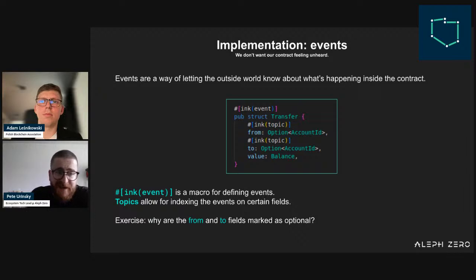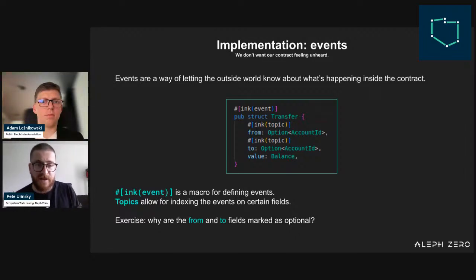Now, the exercise here, if you want to say in the comments, I encourage you to: this event is emitted every time we do a transfer, right? So why are the from and to fields marked as optional? In what cases is there a transfer that doesn't have a sender or a recipient? Maybe this is an interesting exercise for someone.